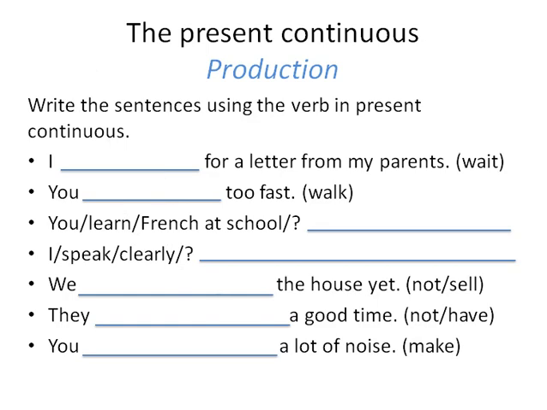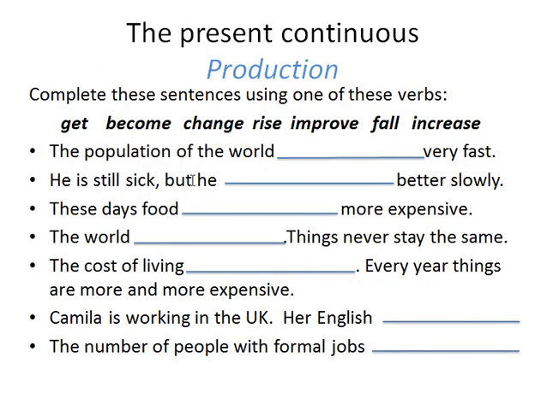The second one is a little bit more complex, and here you're going to complete these sentences using one of these verbs: get, become, change, rise, improve, fall, and increase. You will be able to use a verb more than once, and it is possible also that one of these verbs is not used.